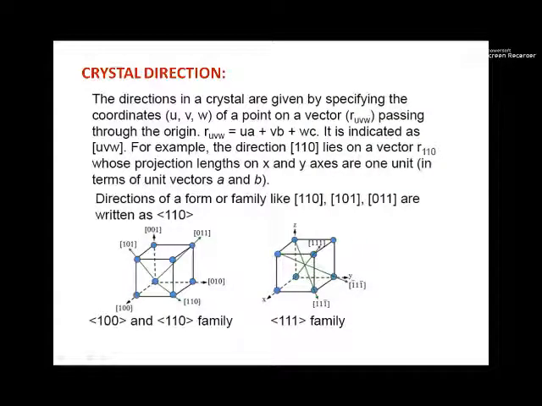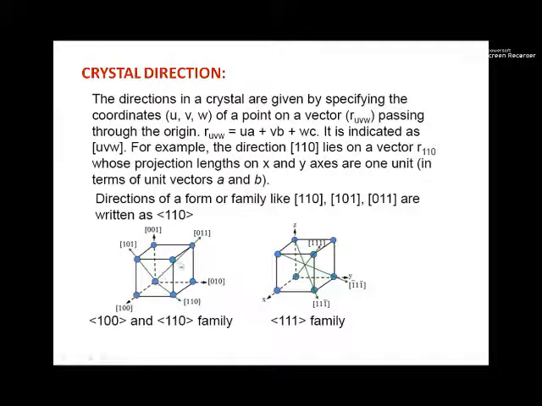So now how do you get the direction in a crystal system? You just take a coordinate and make a vector which is running from the origin to that point, and you take the coefficient of the smallest unit translation along any direction on the unit cell, and that coefficient within the third bracket represents the direction of that particular vector.